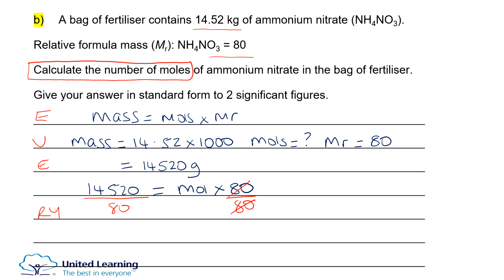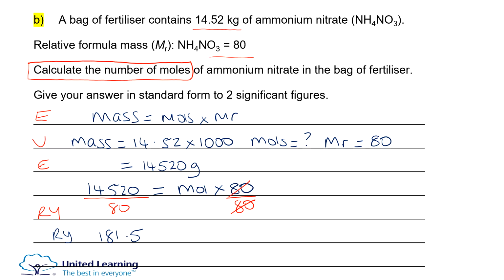And so when we put that into our calculator, we get an answer of 181.5. Now the question says, give your answer in standard form to two significant figures.